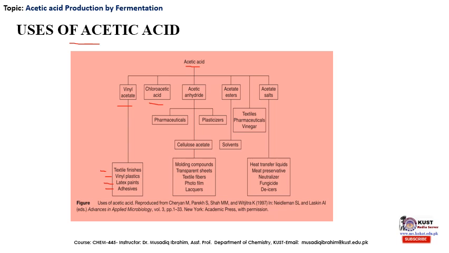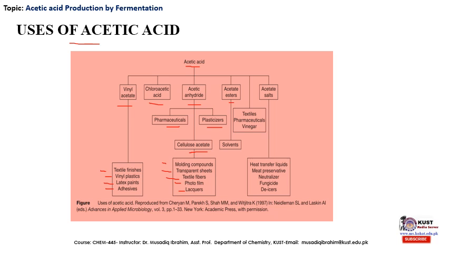Then you have acetic anhydride, which is used in pharmaceuticals and plasticizers, and is further modified into cellulose acetate, which is then used in molding compounds, transparent sheets for textile fibers, and in the synthesis of photofilm and lacquers.